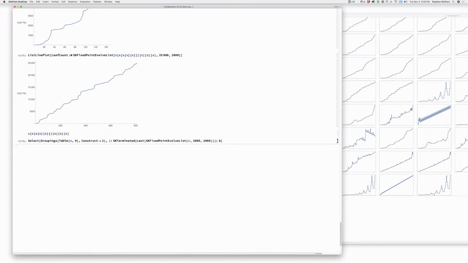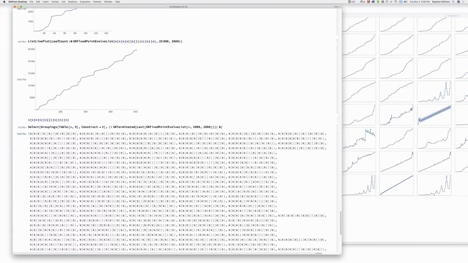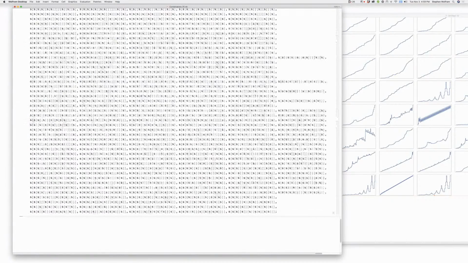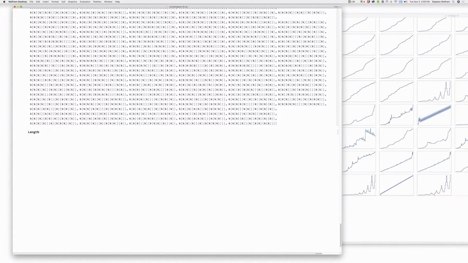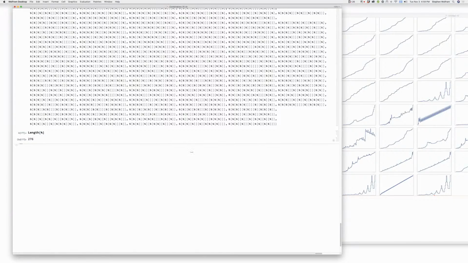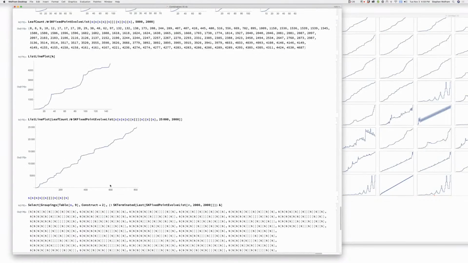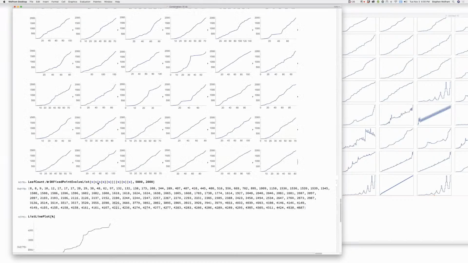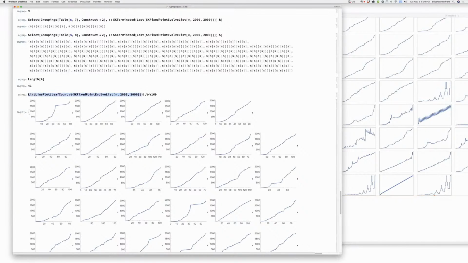Okay, size 9 non-terminators. I maybe should do this with parallel computation. No, I managed to get it. Okay. Let's say the length of that. 276. Okay, so let's go ahead and make pictures of them all.